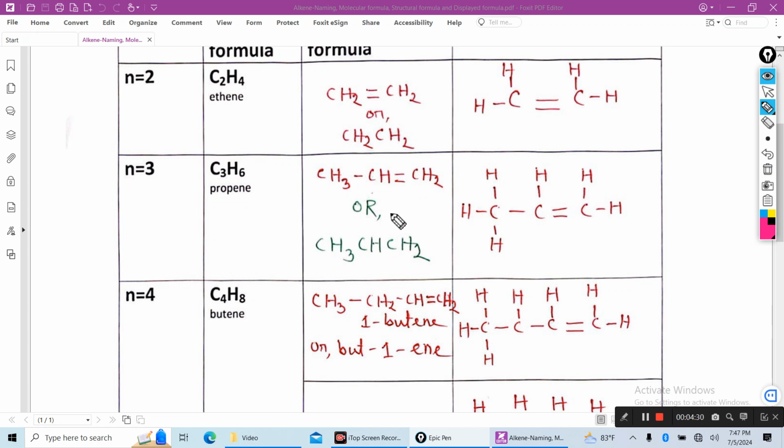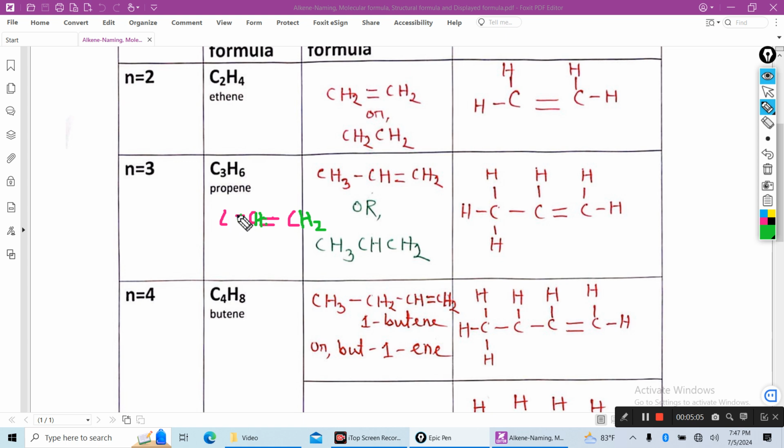This is propene. How do you write this structural formula? You get 3 carbon, C, C, C. As it is alkene, you write 1 double bond here. Or you can write it on the left hand side, no problem. So this carbon needs 2 hydrogen to write the structural formula, and the middle carbon contains 1, 2, 3 bonds, so 1 hydrogen is needed to fulfill carbon valency 4.